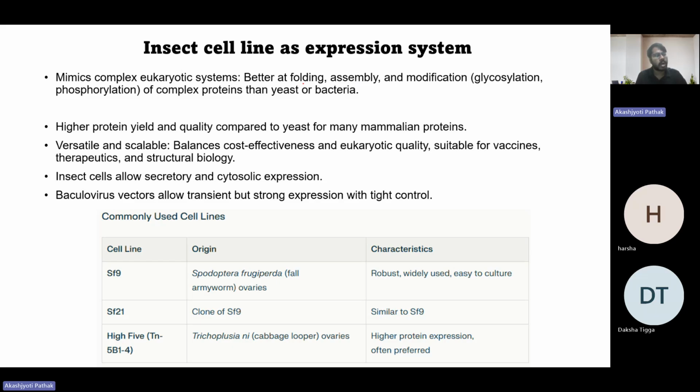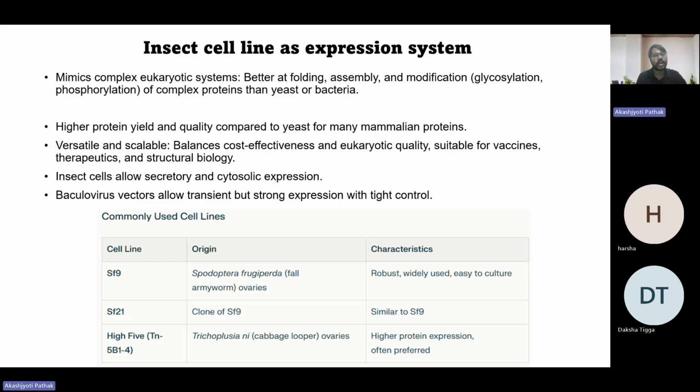If you want to express such therapeutic proteins, all these mAbs, then you cannot express them in a bacterial host or in a yeast host cell. You have to go for expression in an insect cell line or a mammalian cell line, because these antibodies have a complex higher-order structure and different modifications.